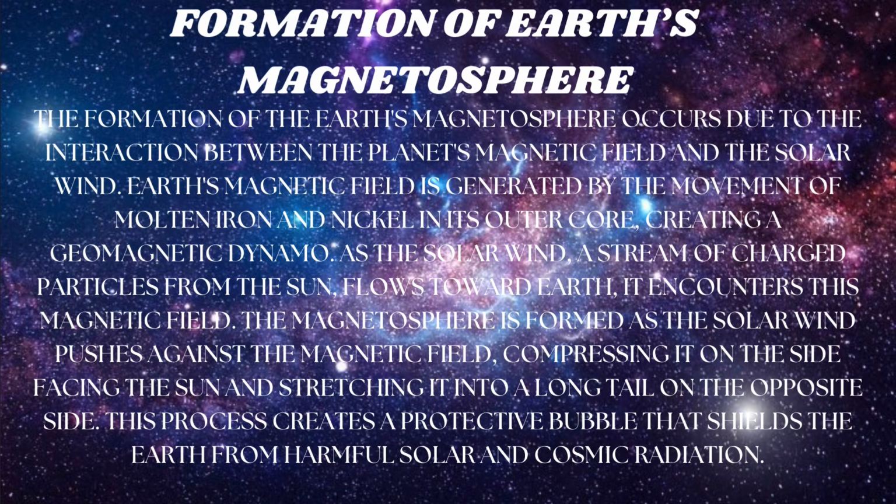The magnetosphere is formed as the solar wind pushes against the magnetic field, compressing it on the side facing the Sun and stretching it into a long tail on the opposite side. This process creates a protective bubble that shields the Earth from harmful solar and cosmic radiation.